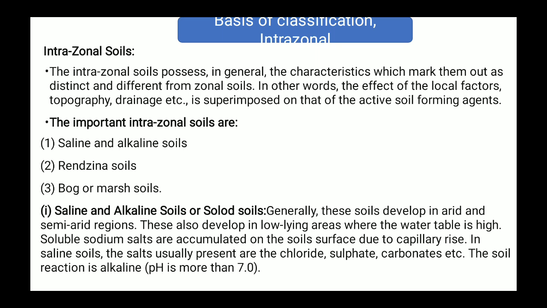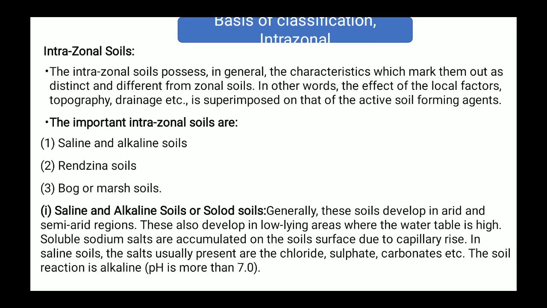It is a local factor which affects the soil, and such types of soil are generated, and these are known as intrazonal soils. The important intrazonal soils are the saline or alkaline soil, the Rendzina soil, and the bog, also known as the marsh soil.